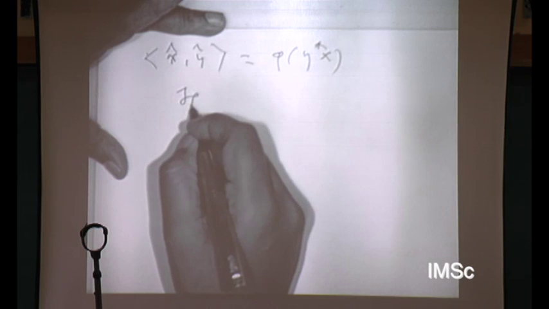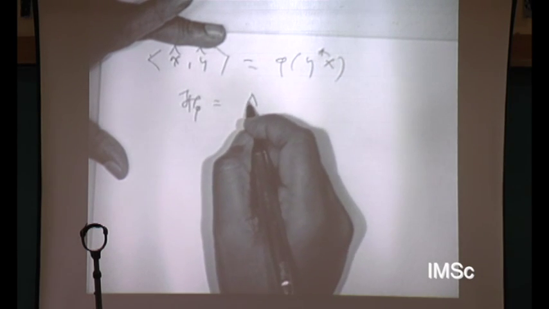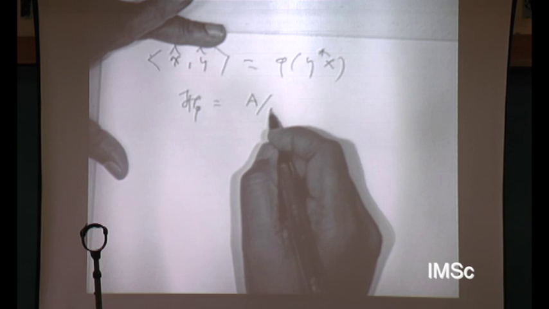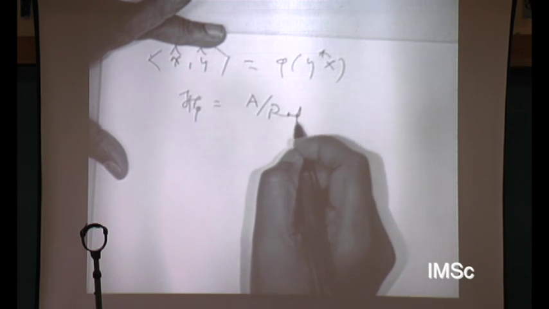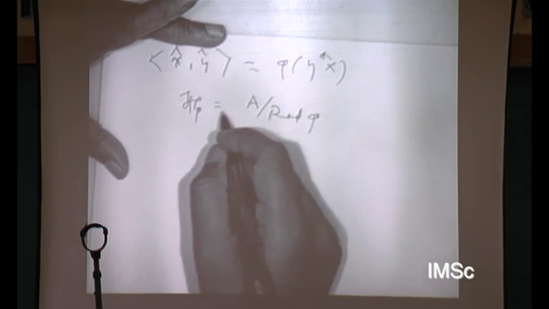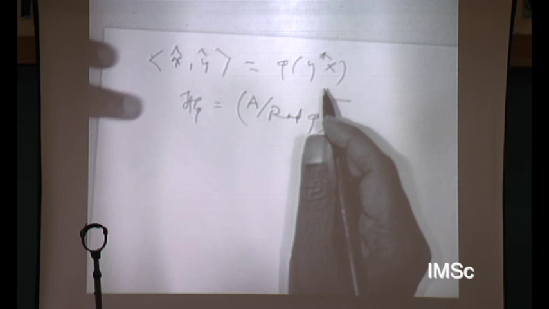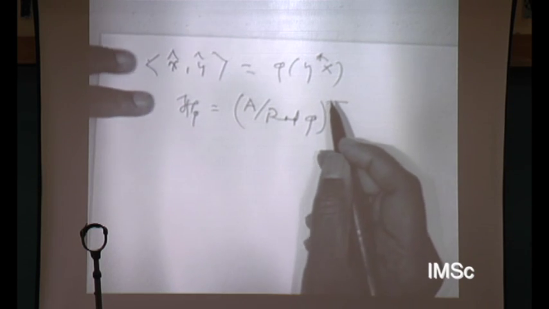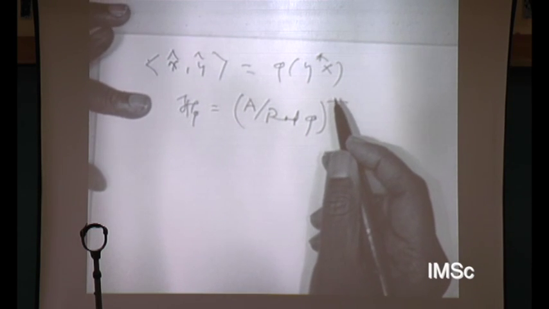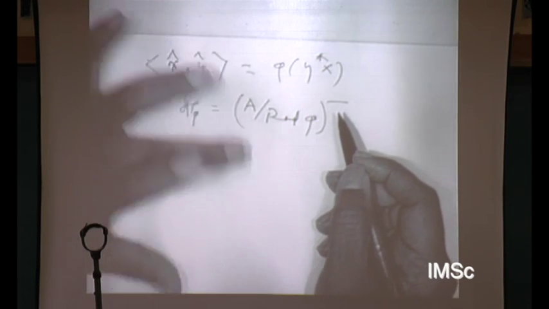And H phi was defined by A mod the radical of phi, completed. We verified this is a sesquilinear form, and on this quotient space it defines a genuine inner product.